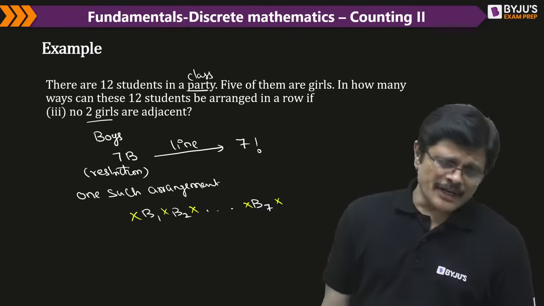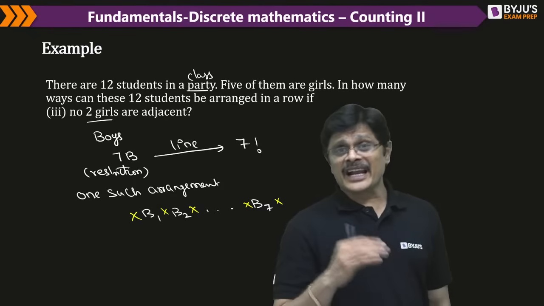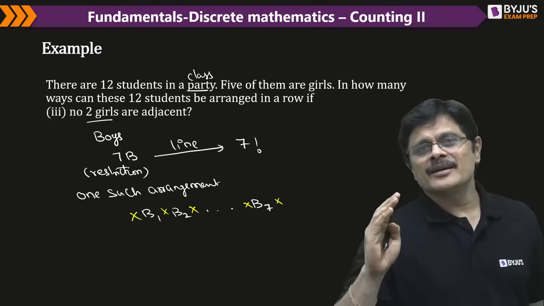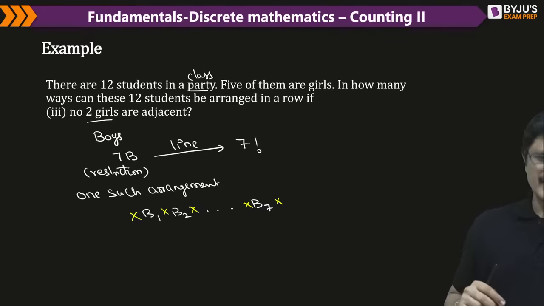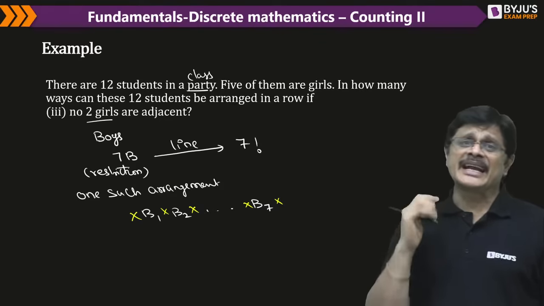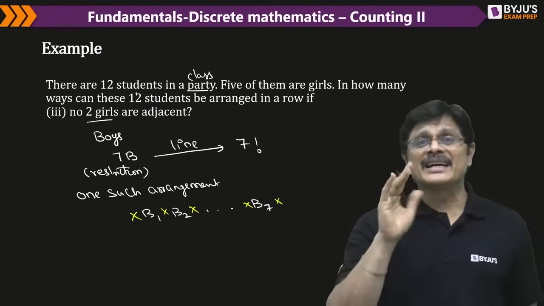Please note this, my dear friends. Whenever you are having n objects in a line, there will be n plus 1 gaps. So we are having 7 boys, means there are 8 gaps. You have to arrange how many girls? 5 girls.